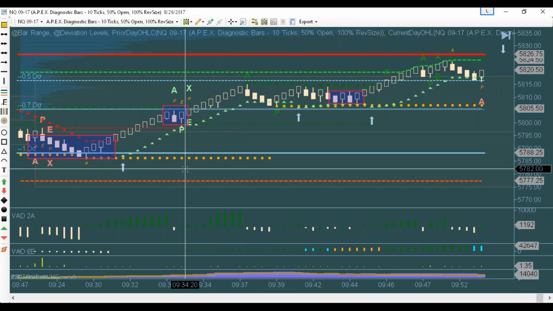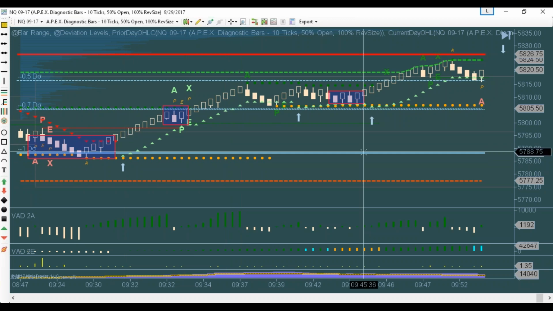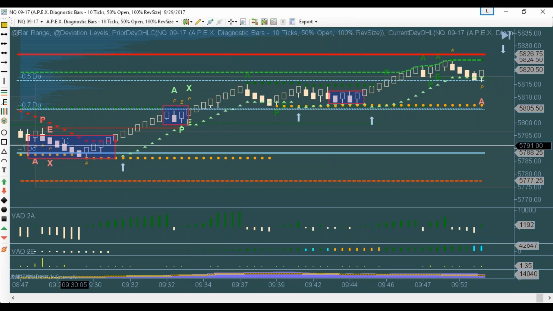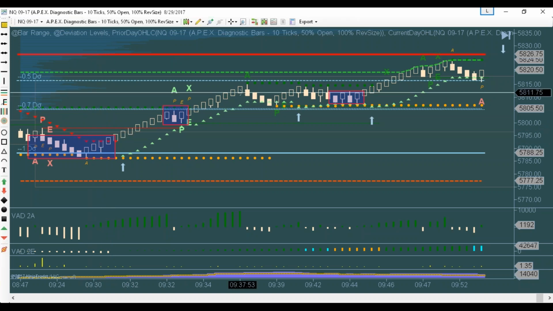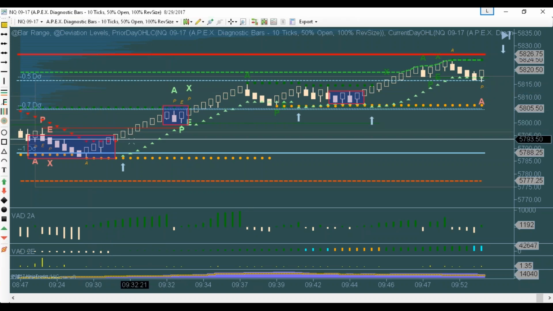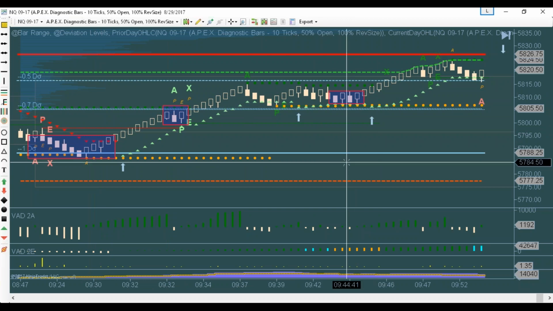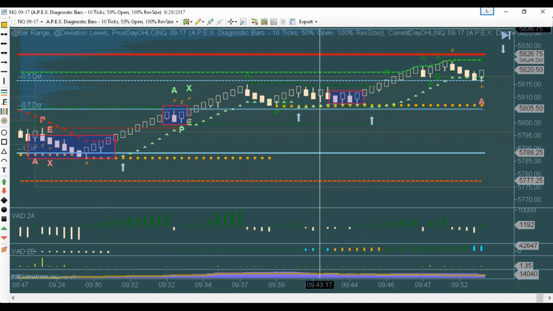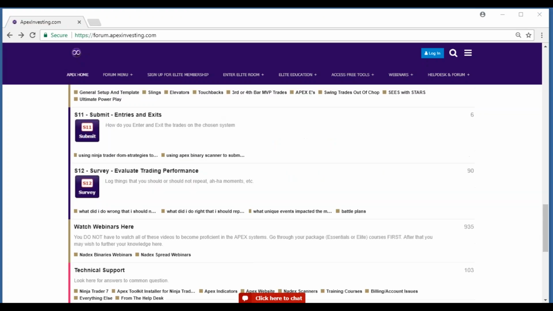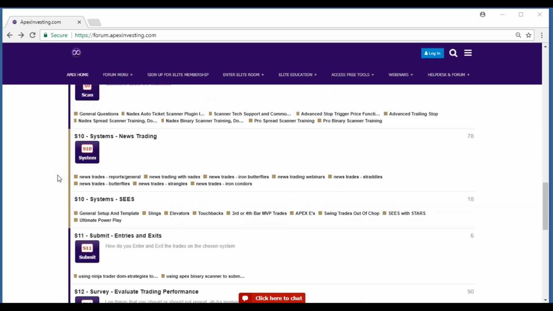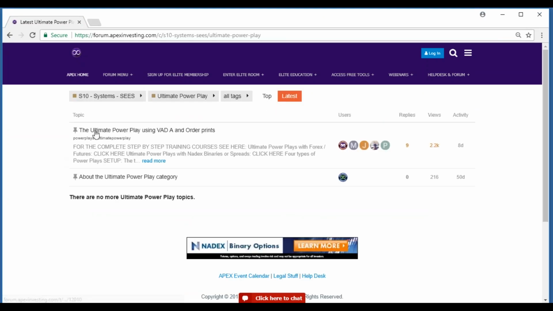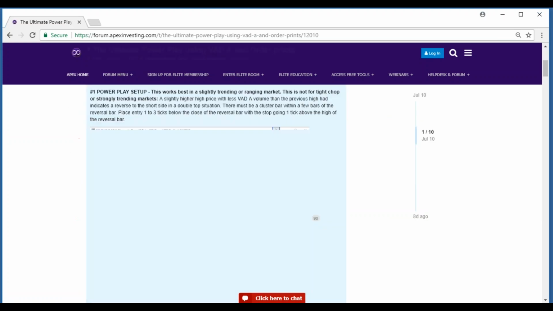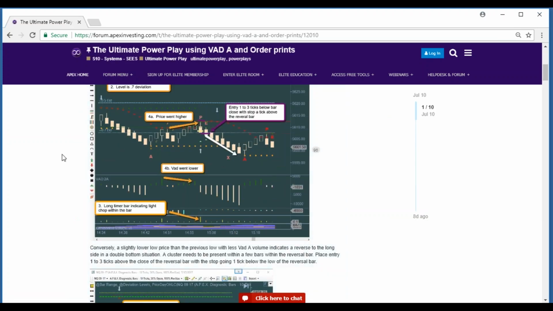You can trade these extra C's trades after a power play setup in the direction of the power play setups until a new power play changes the direction of the market. Does that make sense? Let's do something real quick here, because I might repeat myself 10 times. Some of you may get tired of it, but I'm going to do it because this is important. Okay.